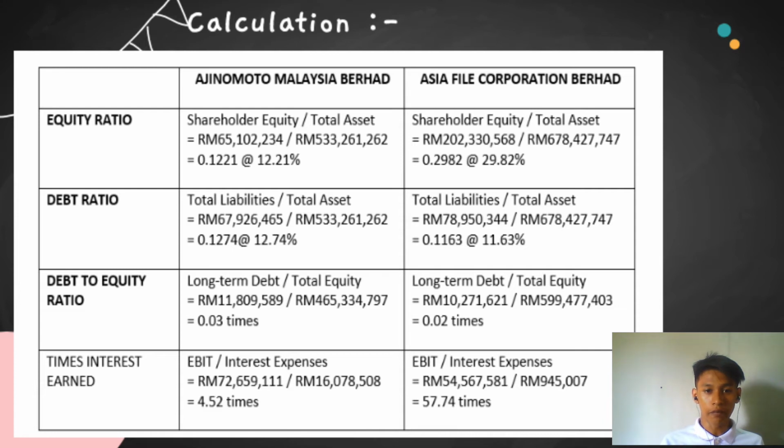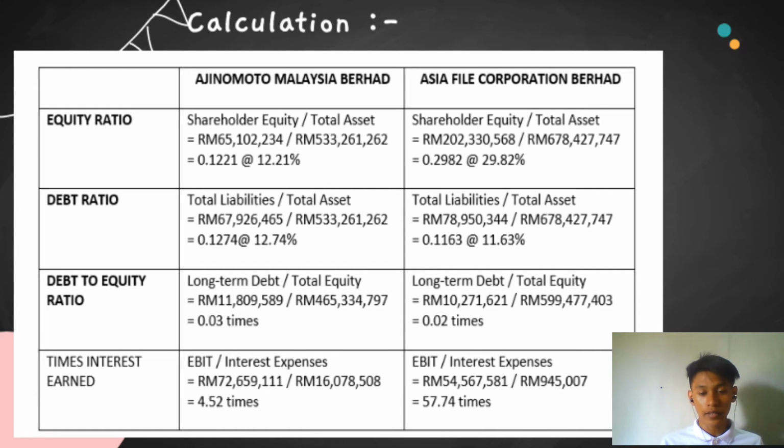Second is debt ratio: total liability divided by total asset. For debt ratio, Asia File Corporation Berhad is better with the lower debt ratio than Ajinomoto Malaysia Berhad, because a higher debt ratio makes it more difficult for a company to borrow money.